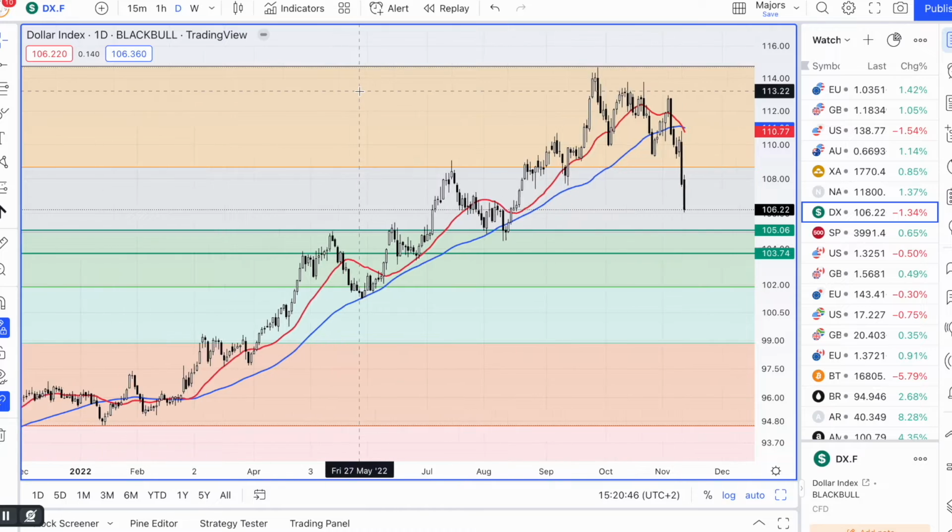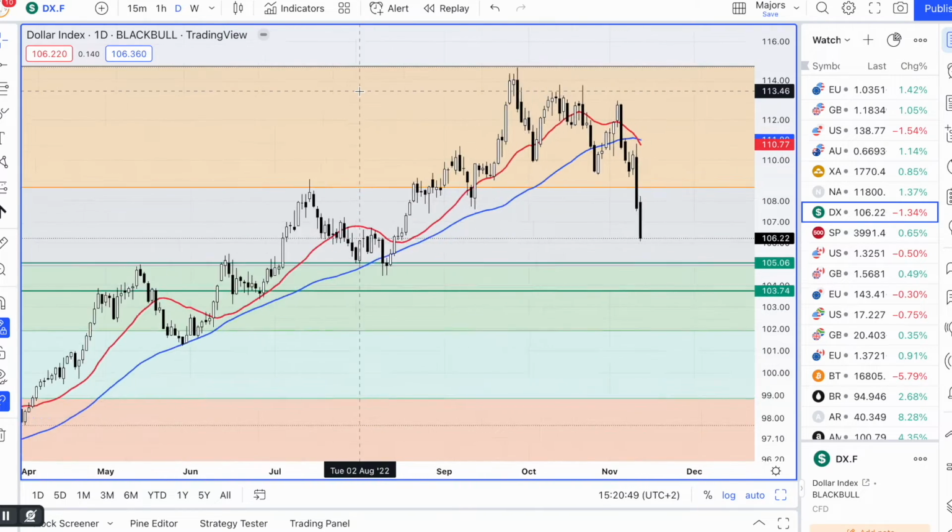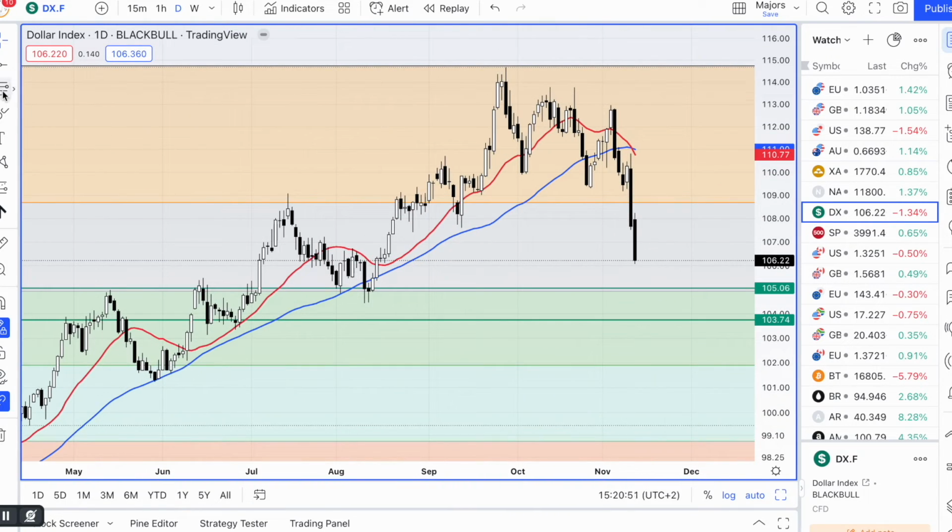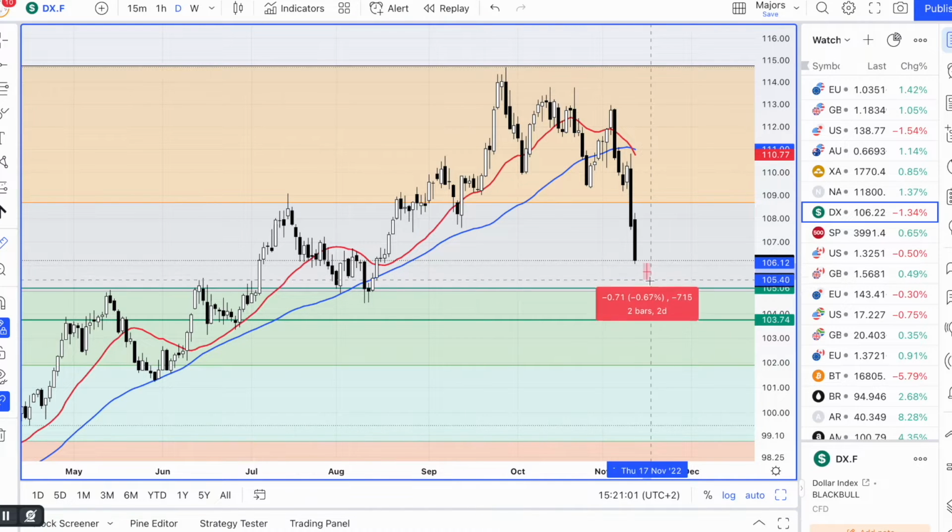and we can draw a little measuring tool on there to see how much that is in percentage terms, so that we can apply the same percentage to the major currencies. So if we take it from where we closed here, or perhaps from the low down to there at 105, you can see that's just about a 1% move.